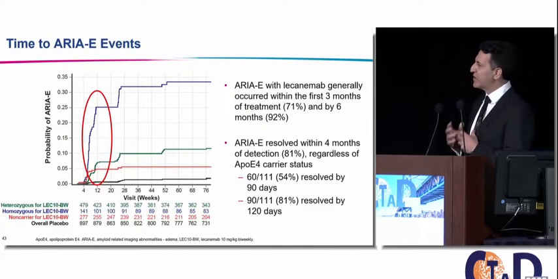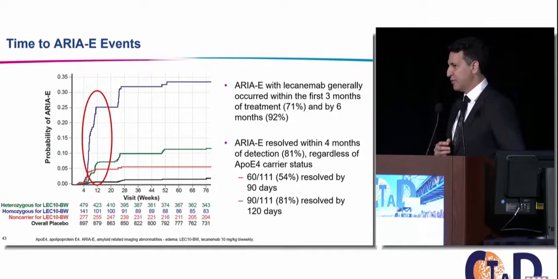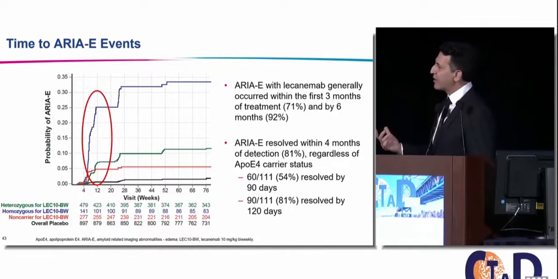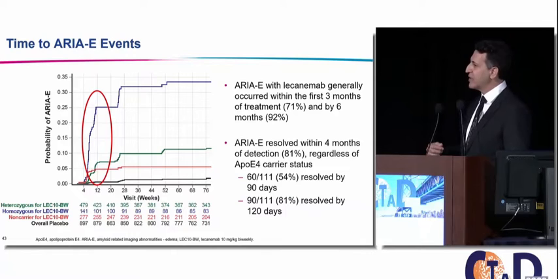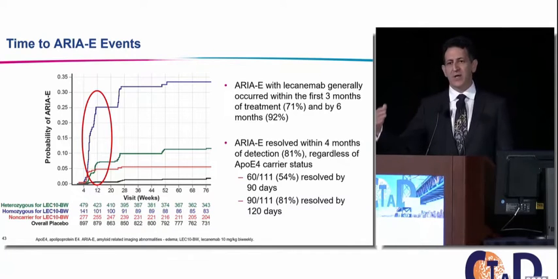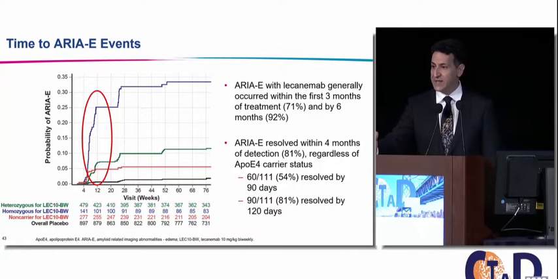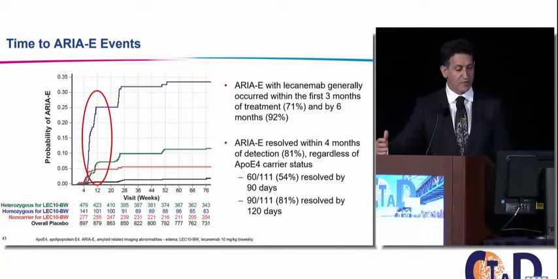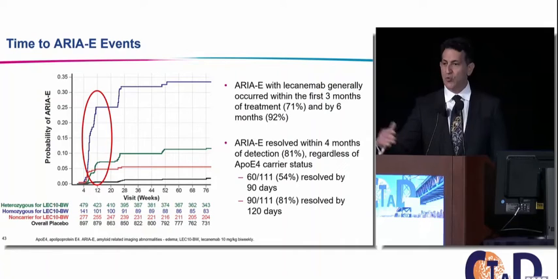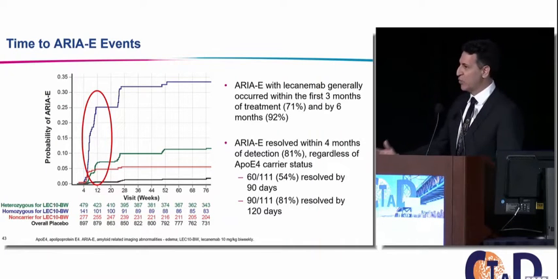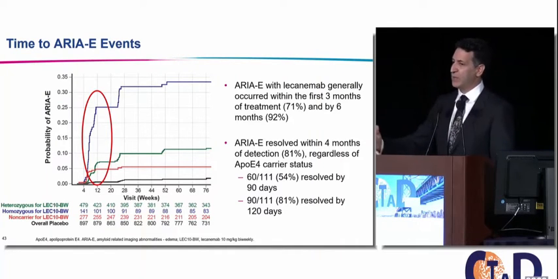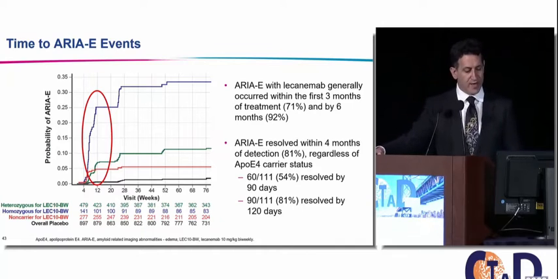Another thing we want to think about is the time to event analysis: when does the ARIA rate occur? And the answer is in lecanemab's treatment, 90% of them occurred within the first 180 days, and a majority of them were in the first 90 days. So we can predict when patients will have it, if they're going to have it, it'll be in the first 90 to 180 days.